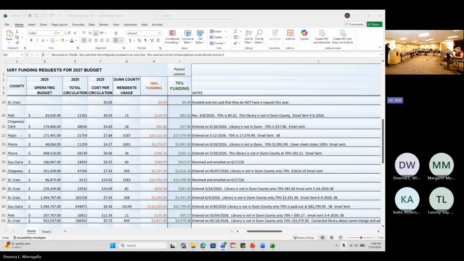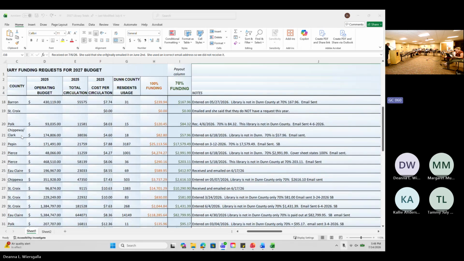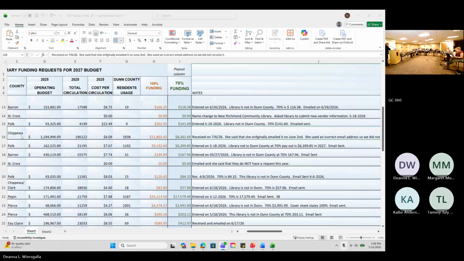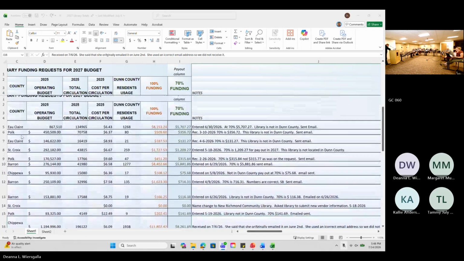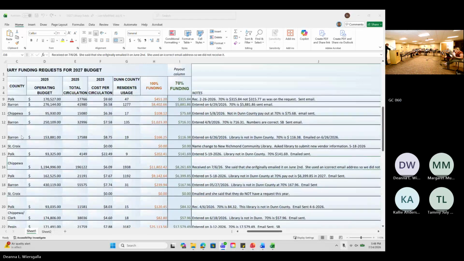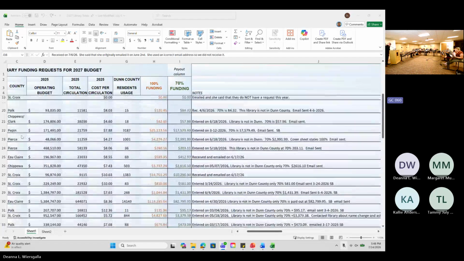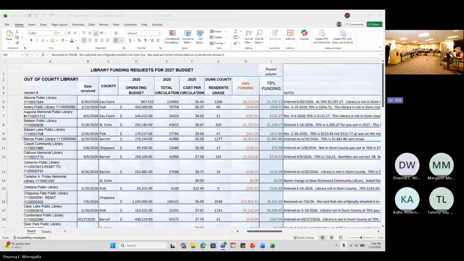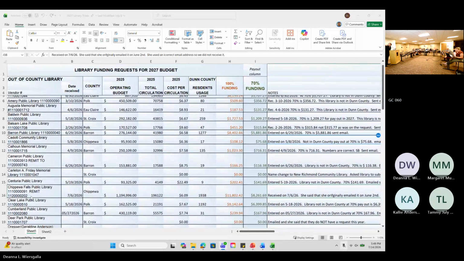Let me look it up real quick. You've got to scroll a little bit farther over, Deanna, to the left. Chippewa Falls. Oh, okay, there it is.